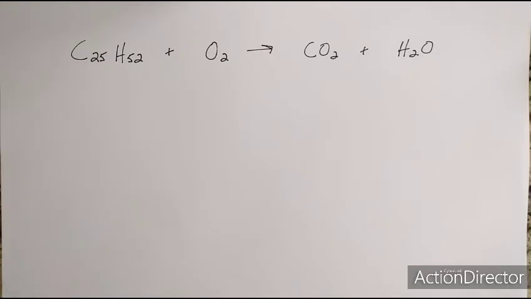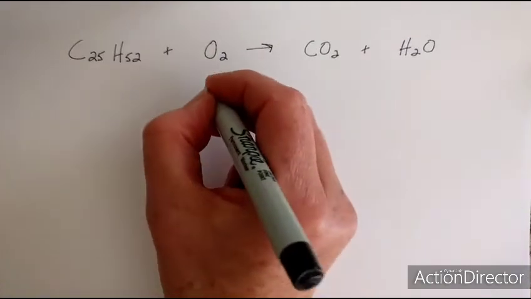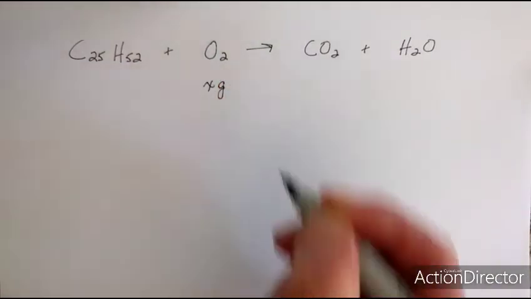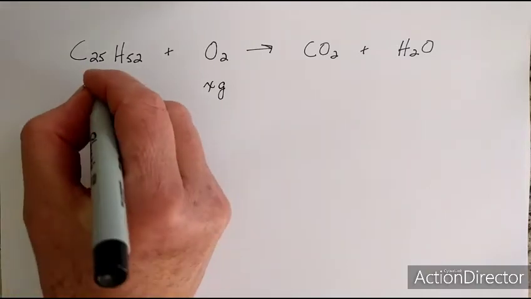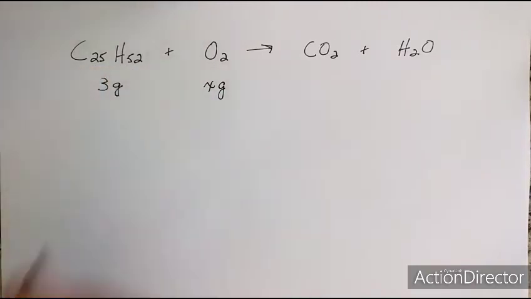I'm just going to set it up and then you're going to actually do the work. So the first question or purpose was how many grams of oxygen were consumed during the reaction? So that's our X. X grams of O2 were consumed when our 3 grams of wax were combusted.